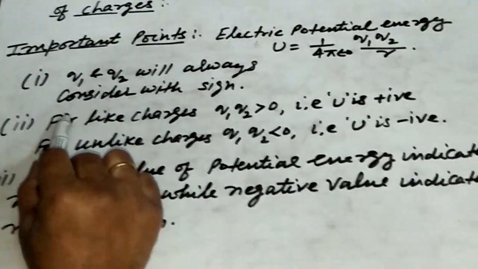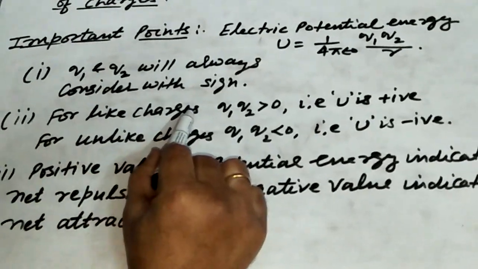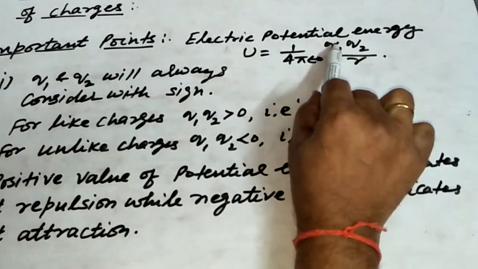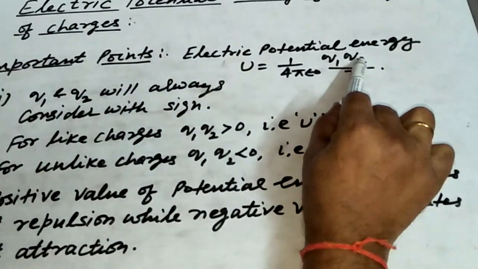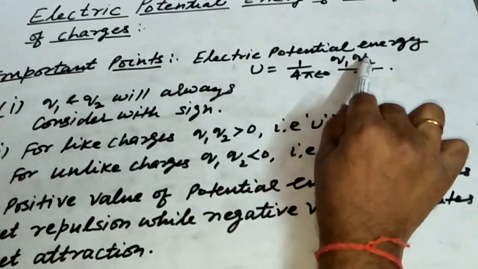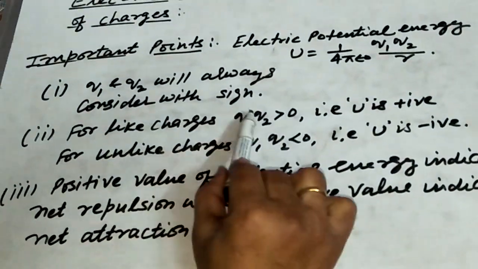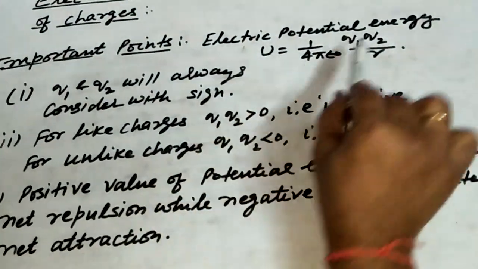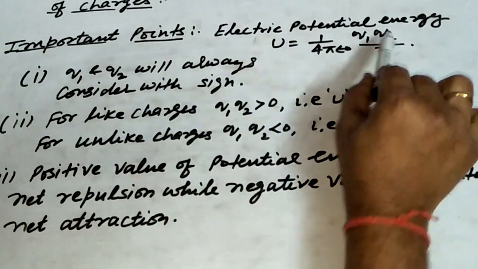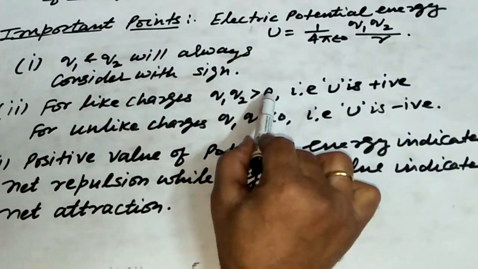Second point, for like charges, meaning either both Q1 and Q2 are positive or both are negative, the product Q1 Q2 in this formula will always be greater than 0.